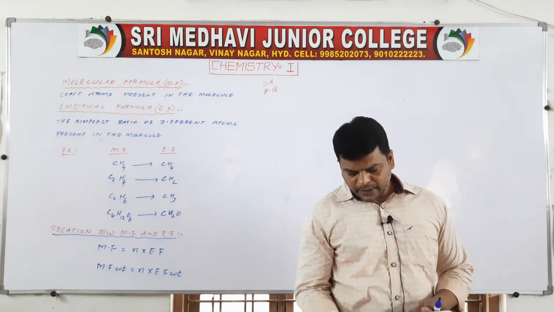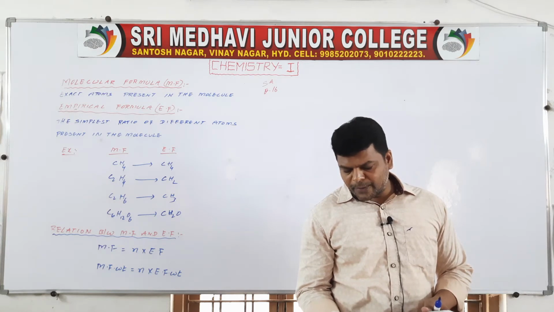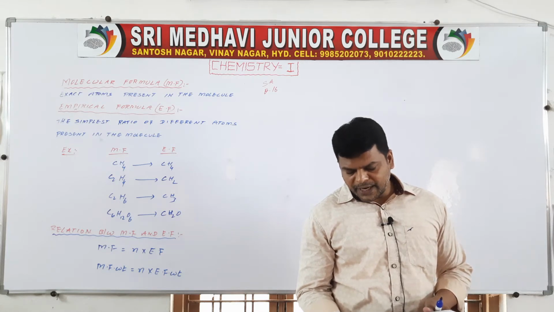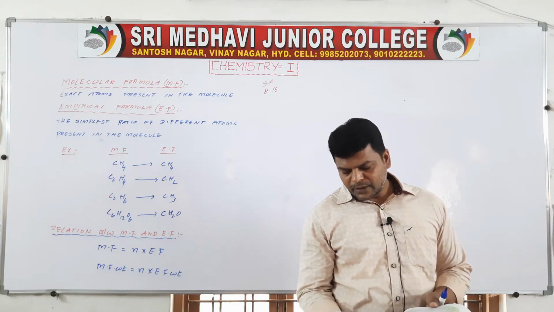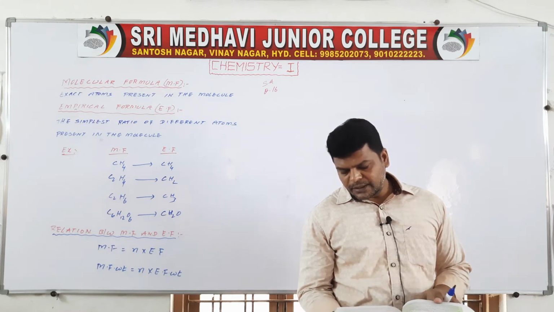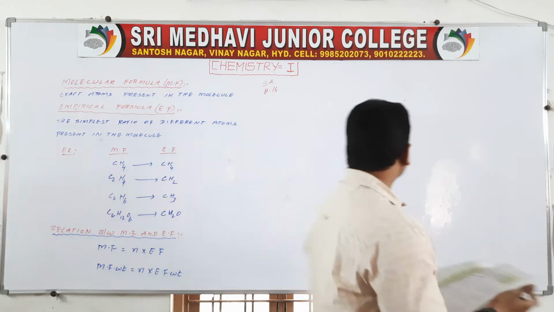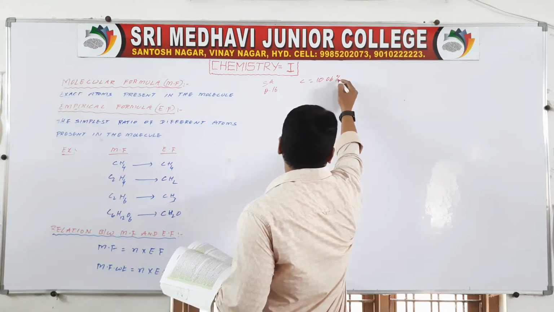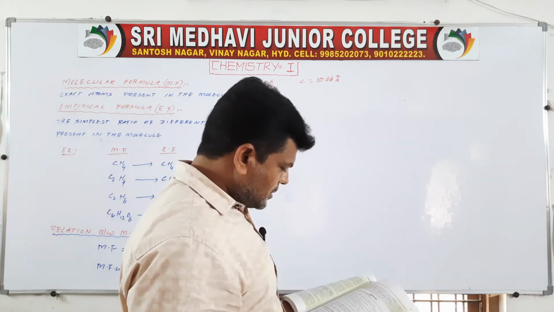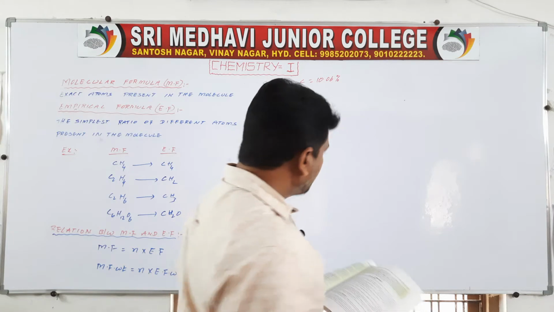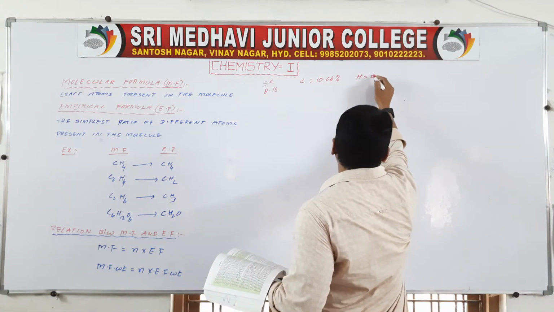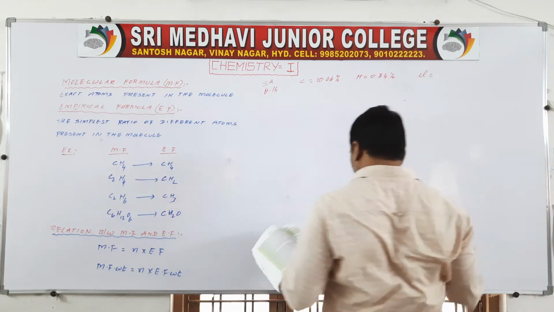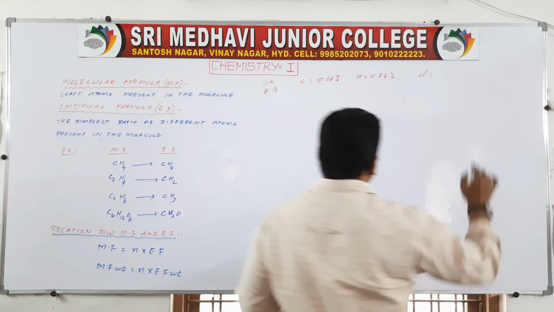A chemical analysis of a compound gave the following percentage composition by weight of the elements present: carbon equal to 10.06%, hydrogen equal to 0.84%, chlorine equal to 89.10%.